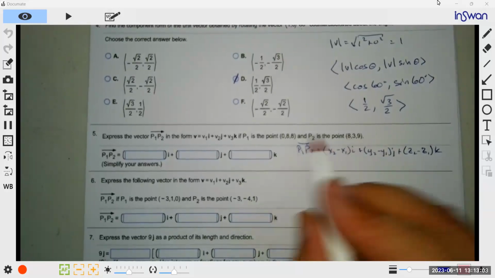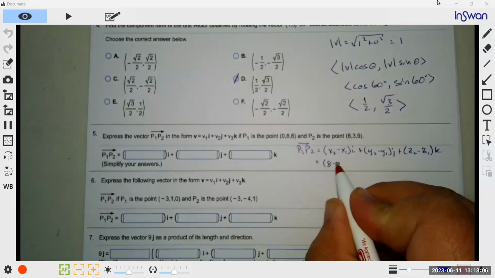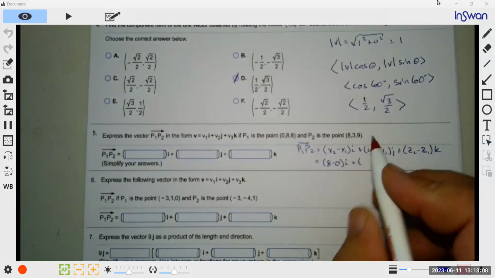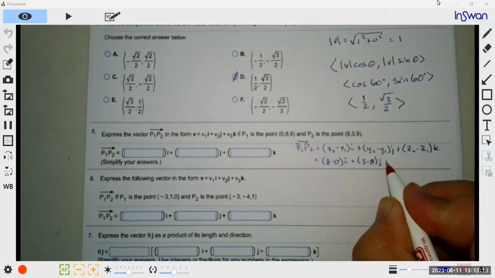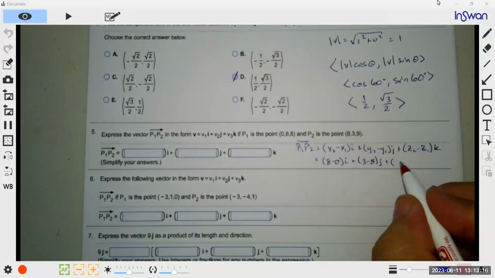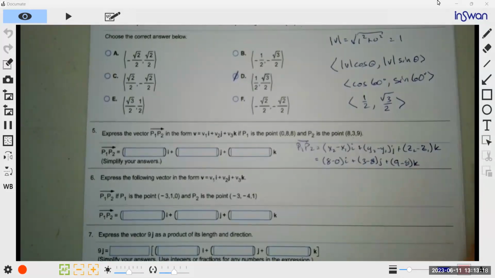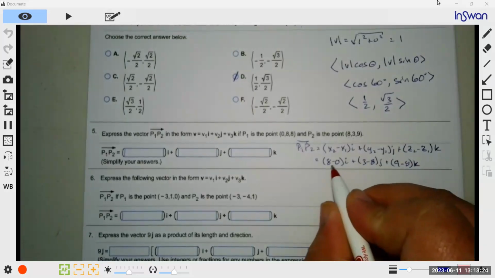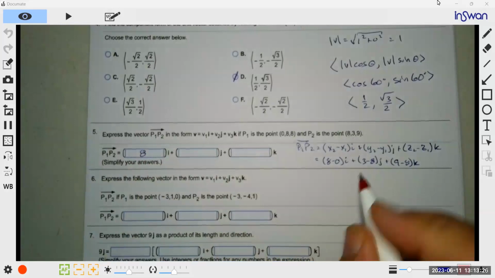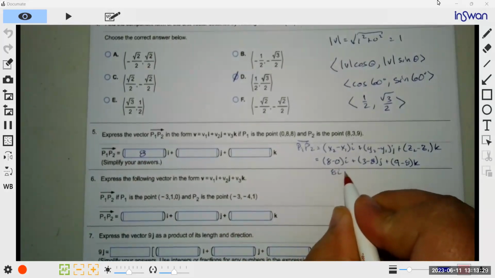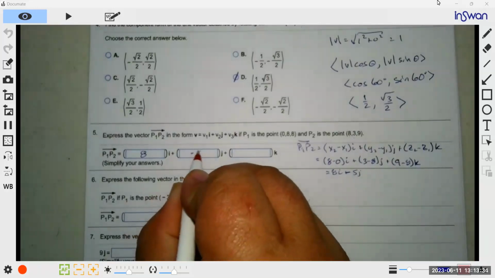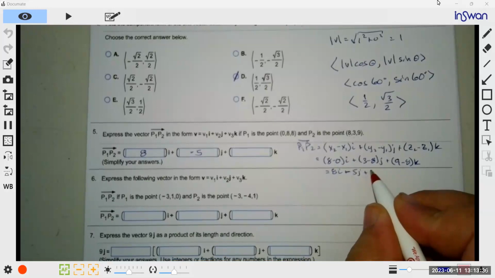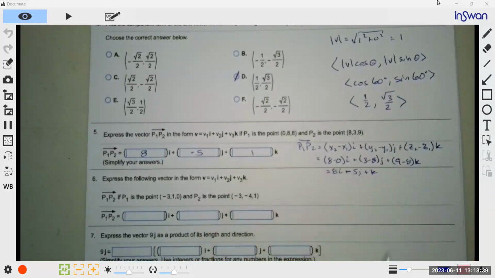So 8 minus 0, i; 3 minus 8, j; 9 minus 8, k. So 8 minus 0 is 8, 3 minus 8 is -5, 9 minus 8 is 1k, which is k.